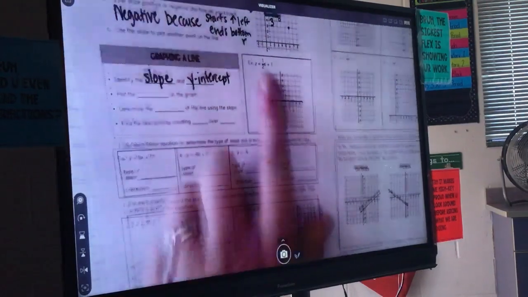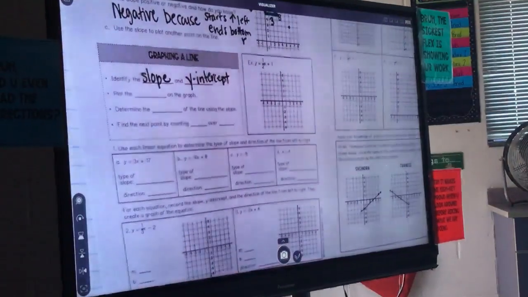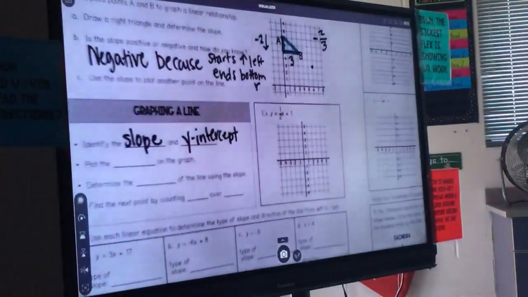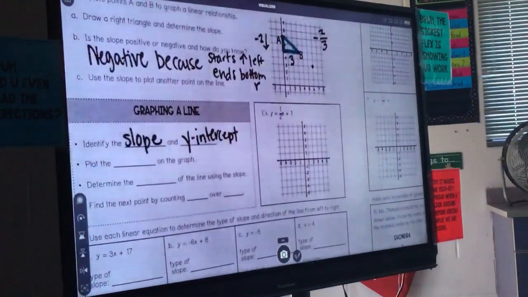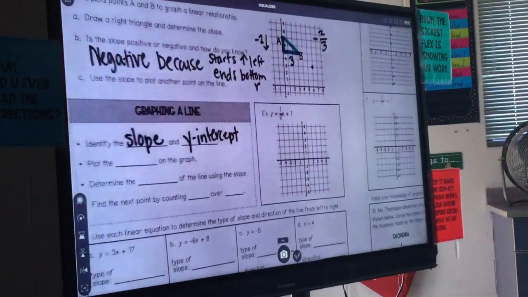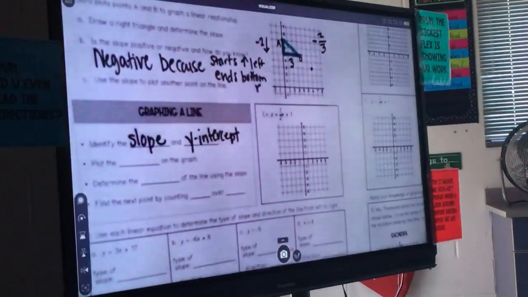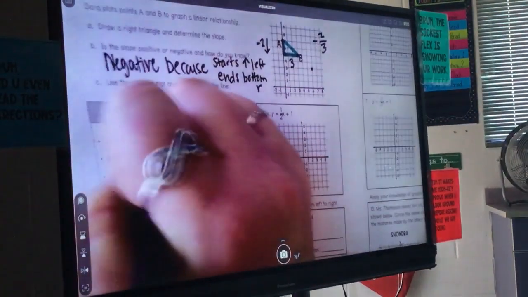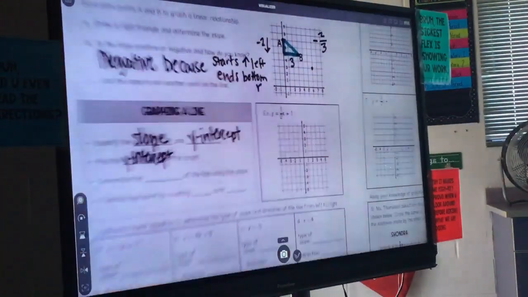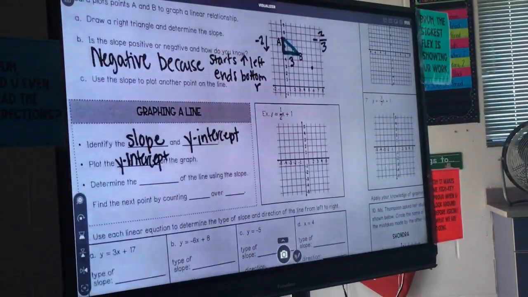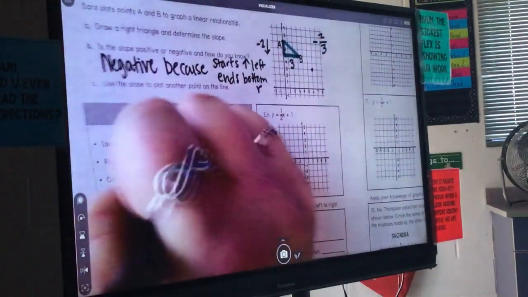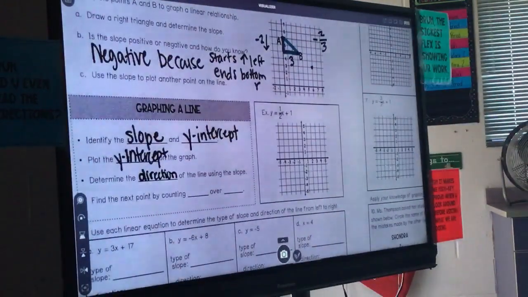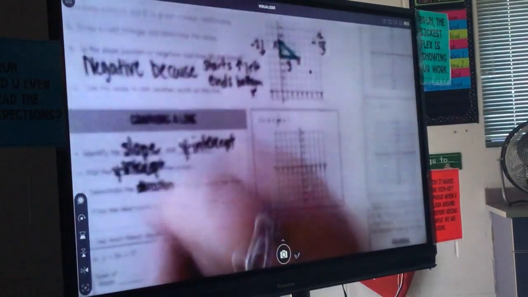Oh, so you're looking at this equation. So yeah, the y-intercept in this equation is what number? Somebody said it's the constant. So it's always the number by itself, just a number all alone. So then we're going to plot the y-intercept on the graph. You're going to determine the direction of the line using the slope, and then you're going to find the next point by counting rise over run.